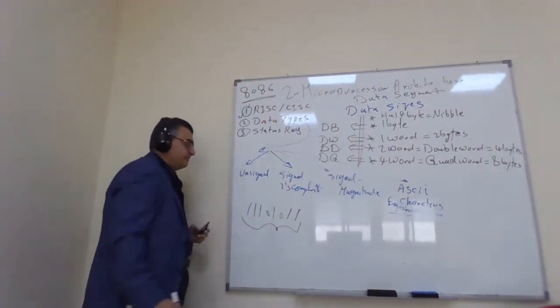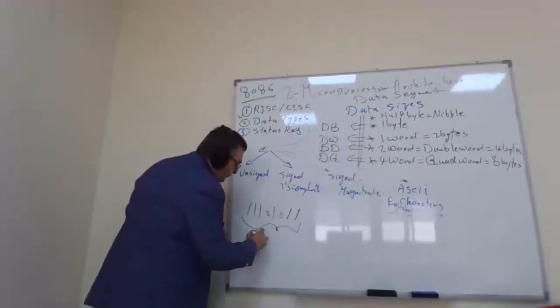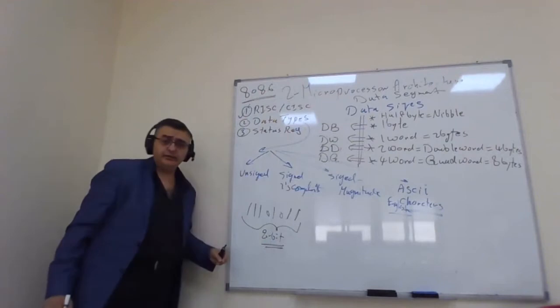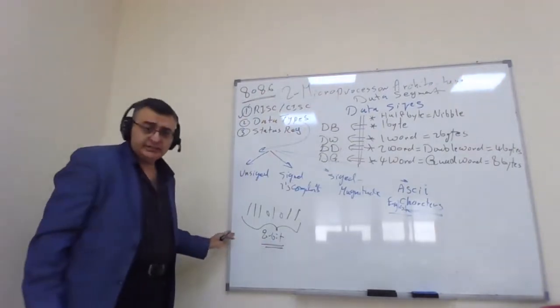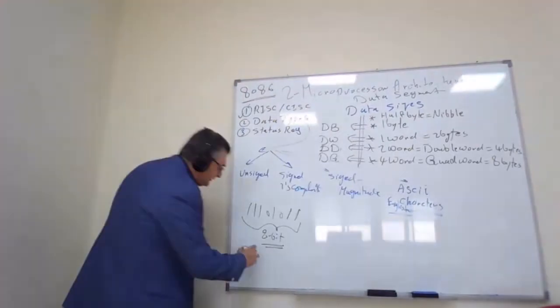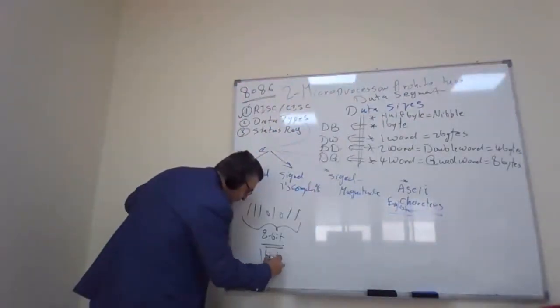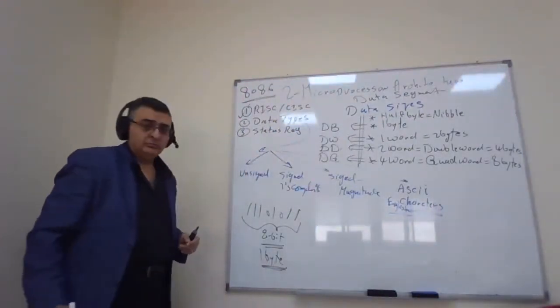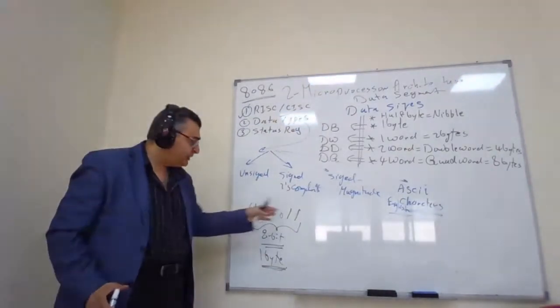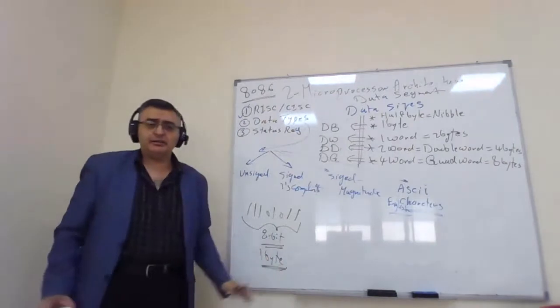What is this? This is an 8-bit number, so this is 1 byte. It is stored in the machine as 1 byte, as ones and zeros.